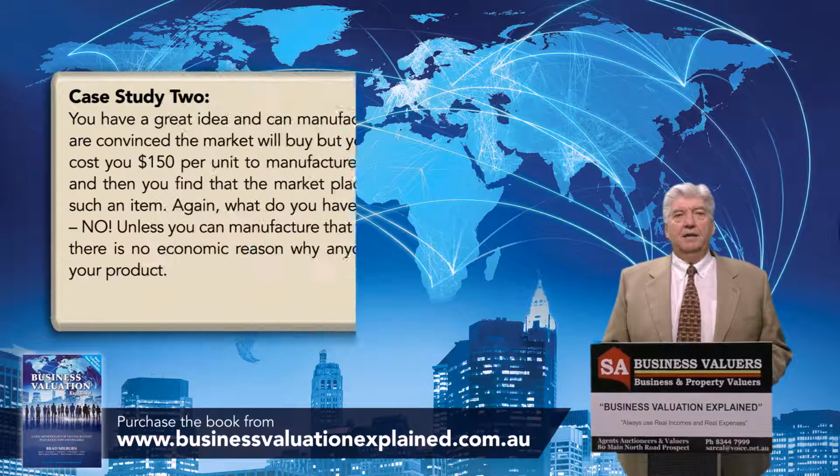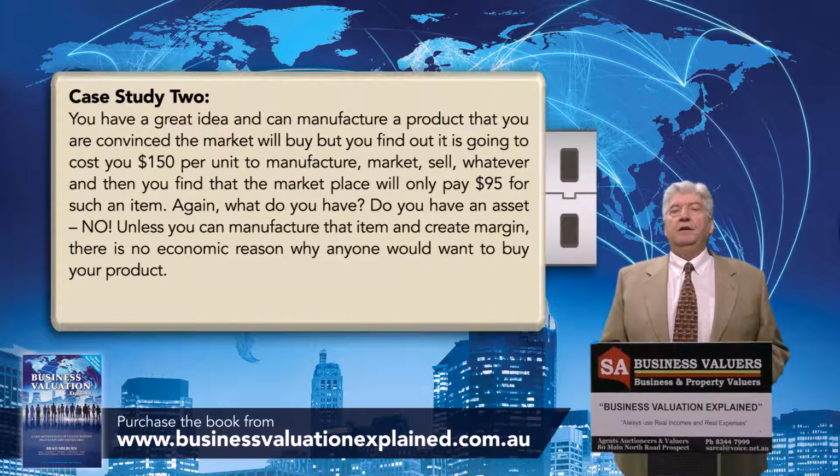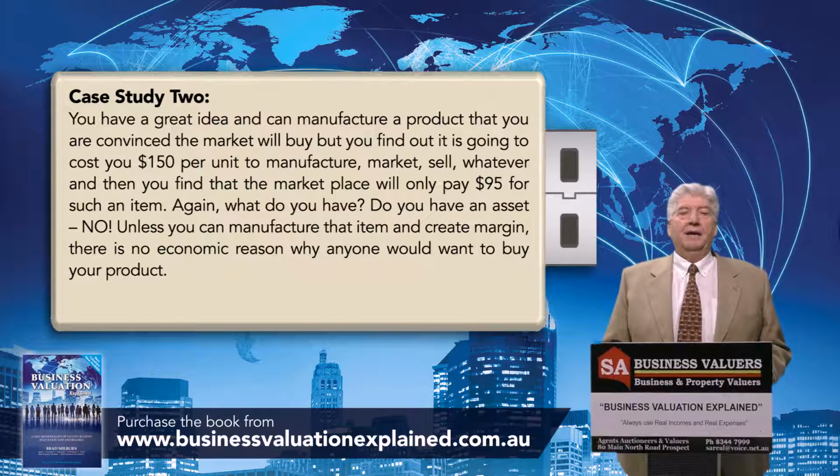The second case study, say you have a great idea and you can manufacture a product that you are convinced the market will buy, but you find out it's going to cost you $150 per unit to manufacture or market or sell, and then you find that the marketplace will only pay $95 for such an item. Again, what do you have? Do you have an asset?